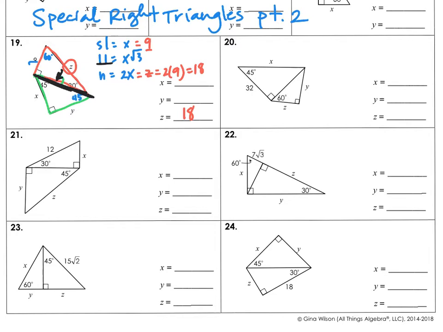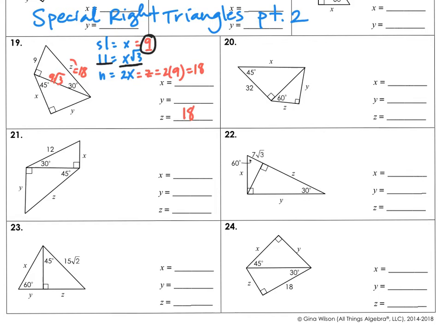Since it's the long leg, our formula for that is x root 3, or base number root 3, so 9 root 3. I got a lot going on here. But this leg is 9 root 3. So we know z is 18, and we know that one's 9 root 3. So we found that whole triangle.